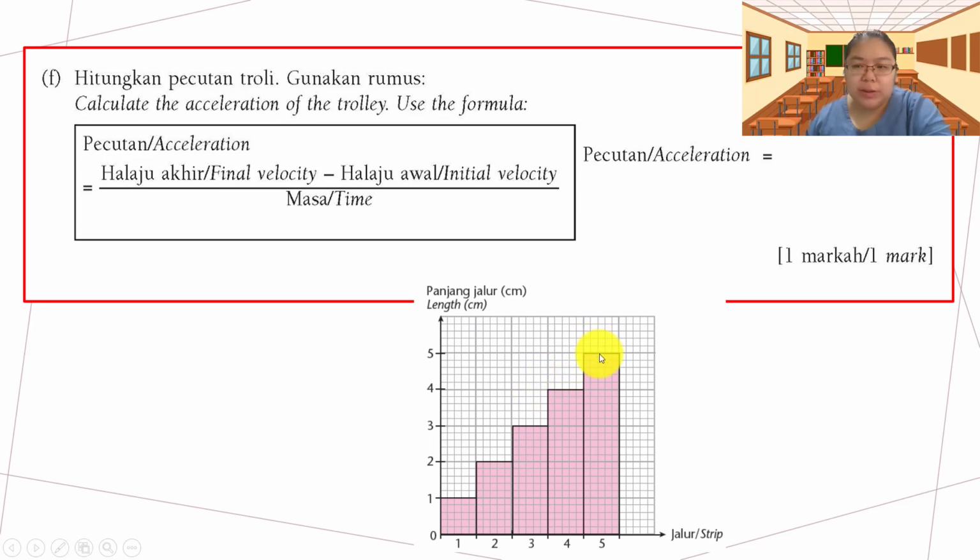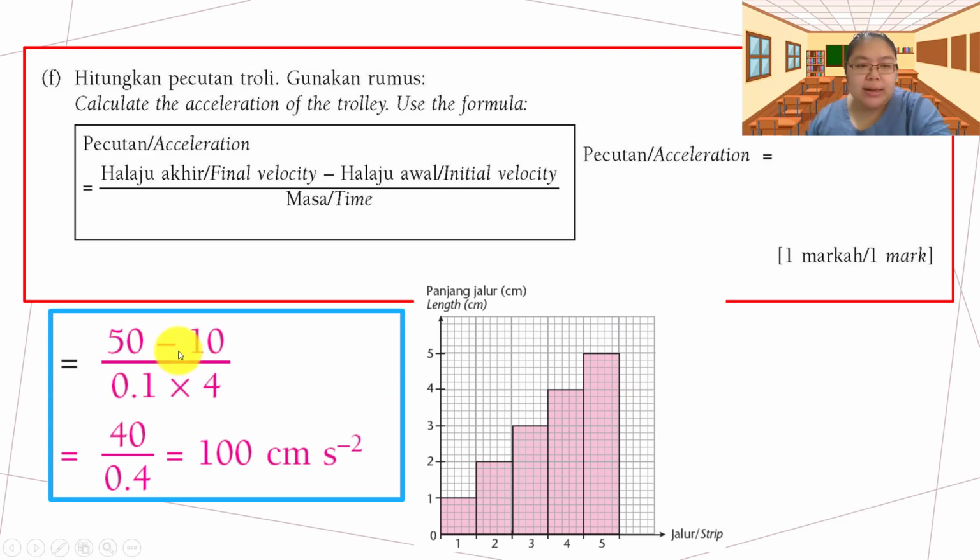You take the 5 bars, minus 1, then it becomes 4. So the calculation is 50 minus 10, and 0.1 is the time taken for 1 bar. 4 bars means 5 minus 1, so final is 40 over 0.4. The answer for acceleration is 100 cm s^-2.